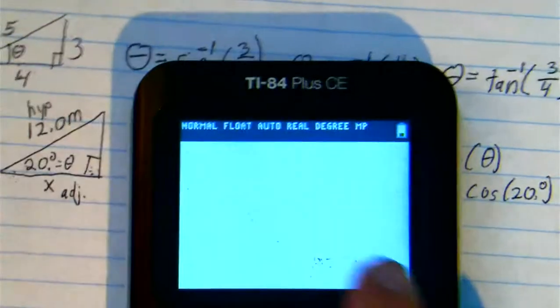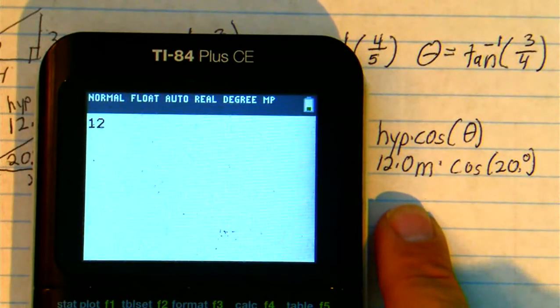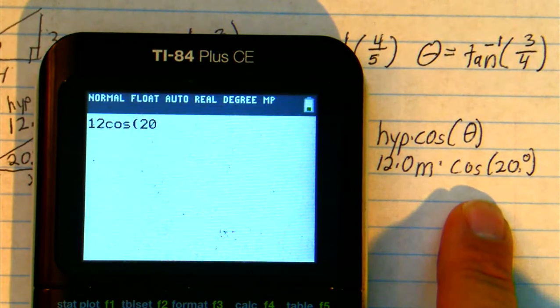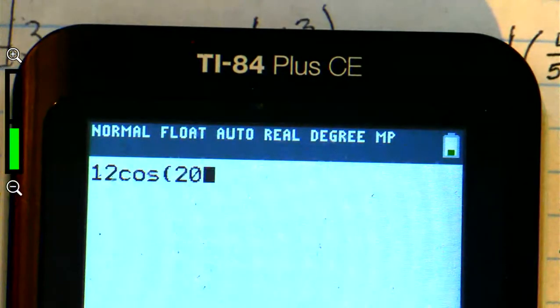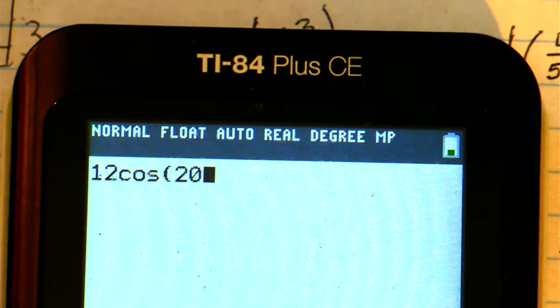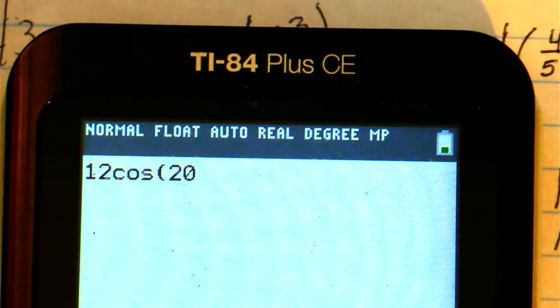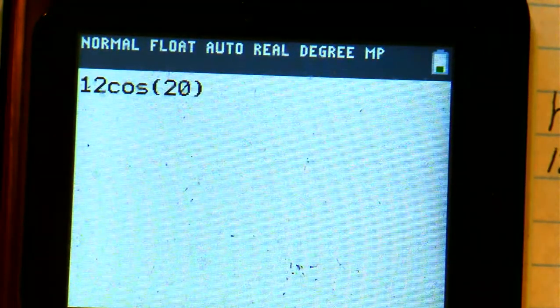So on my calculator, what you would type in is 12 cosine 20. Strictly speaking, a TI is so smart, if you press the enter key, it'll end the expression. But if you want to be, I don't know, pure about it, you can do a close parentheses before you press the enter key. Enter.